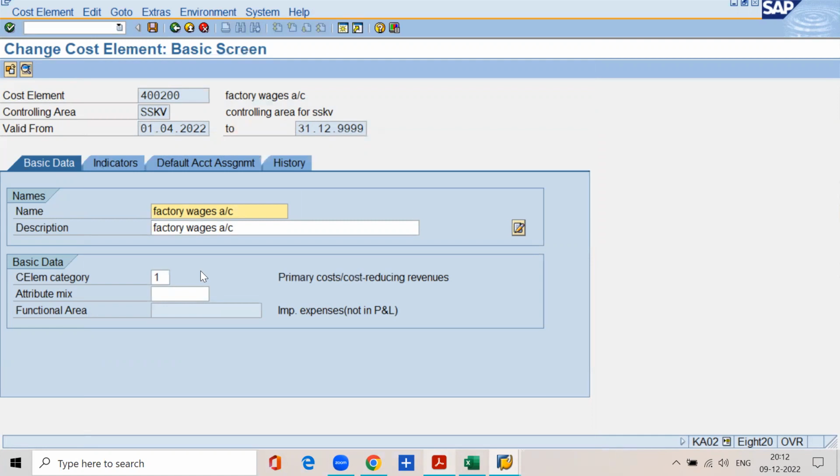Not all incomes. All expenditure and incomes which have the effect of reducing your total cost. Not all incomes. Only the incomes which have the impact of reducing your cost will be created as the primary cost element with category number 1.